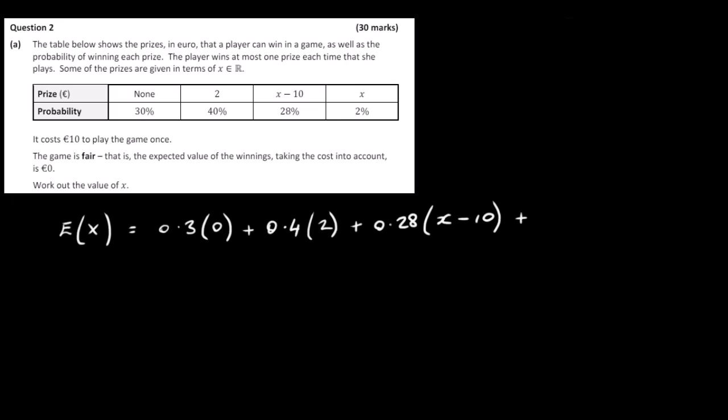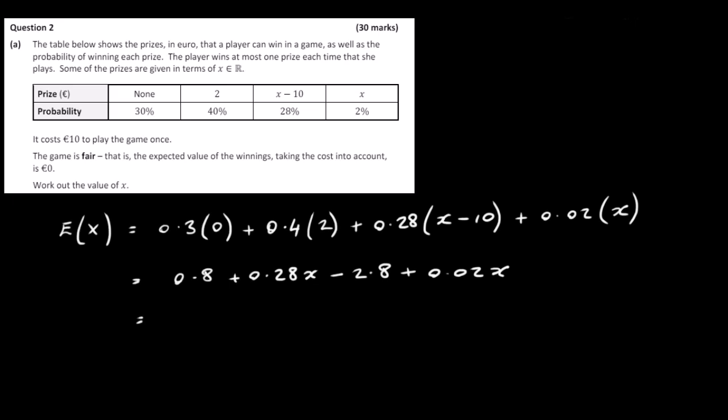And finally, we're going to add 0.02, which is the probability of winning x euros. So if we work all of this out, we'll get 0 here, we'll get 0.8 here, we'll get 0.28x minus 2.8, and then we'll get plus 0.02x out here.